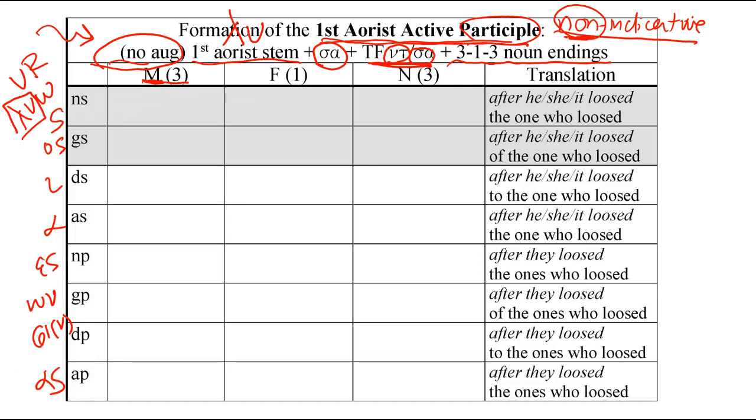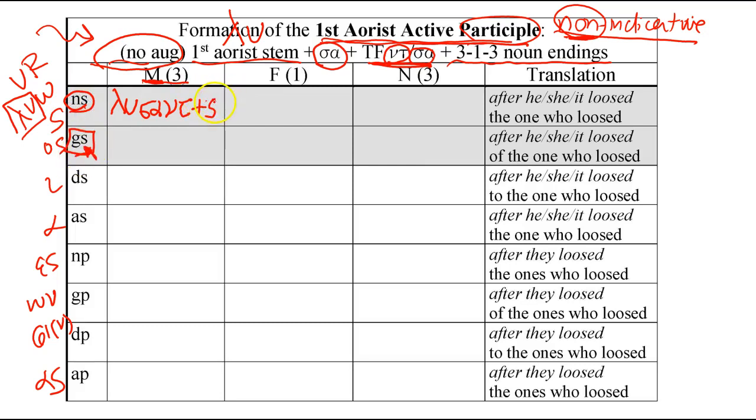So to form the first aorist active participle for the masculine, we have a nominative singular masculine case. There's no augment. You take the verbal root lu. You add the sa tense formative. You have the participle tense formative, the nu tau, and then you're supposed to add a sigma, and remember the nominative singular forms are always the irregular ones.